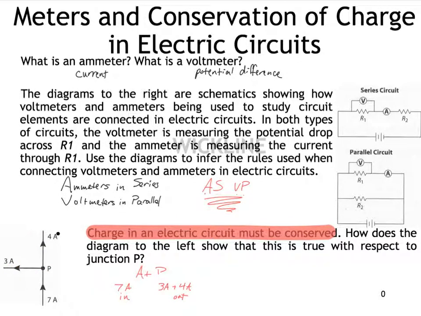This does show conservation of charge because if 7 amps come in and 3 and 4 amps go out, then you have the same number of amps coming into point P as you have going out. This would have to be true at any point in the circuit. The number of amps that enter that point would have to be equal to the number of amps that leave.